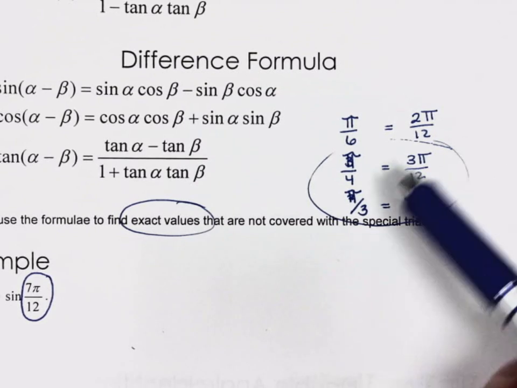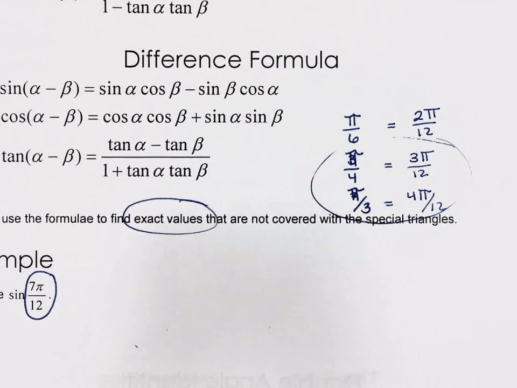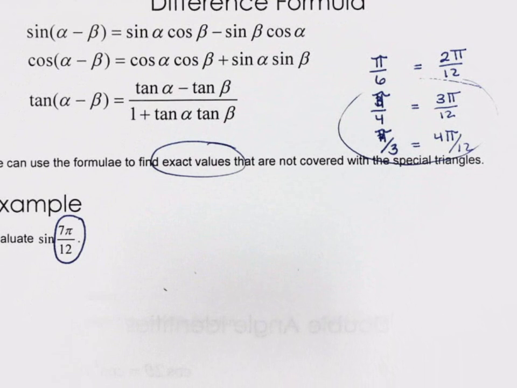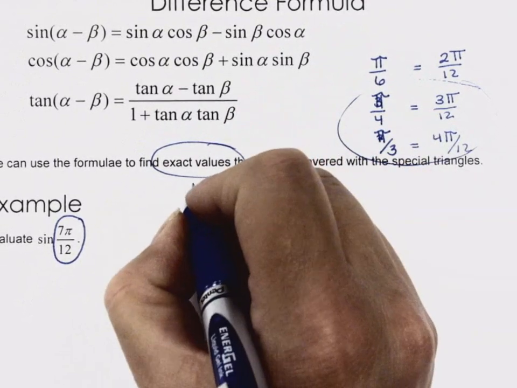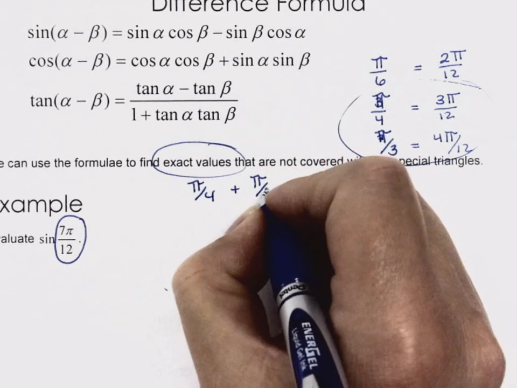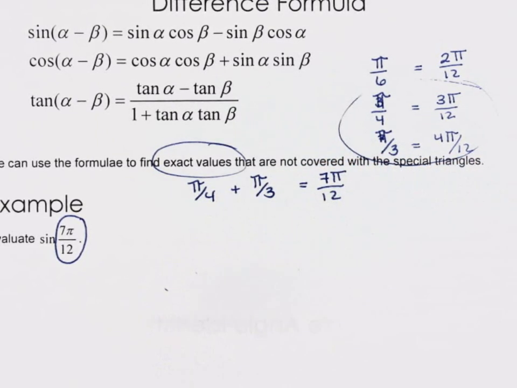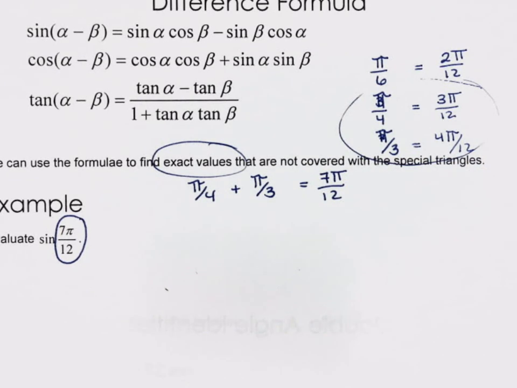Not a big deal, but this one works in the first quadrant, so we're going to baby step it in. We know that pi over 4 plus pi over 3 equals 7 pi over 12. Do you guys agree with me with that? All right, here we go.